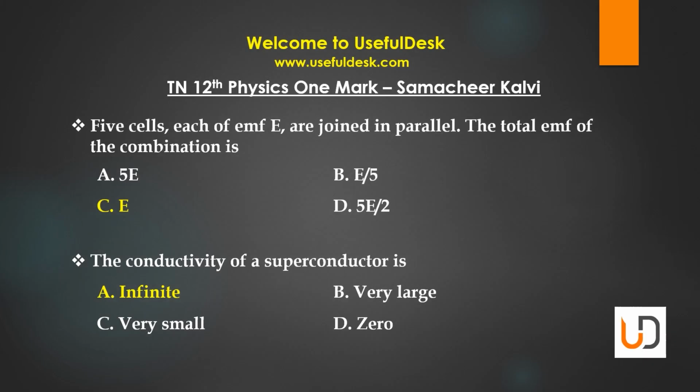The next question is, 5 cells, each of EMF E, are joined in parallel. The total EMF of the combination is. The options are 5E, E by 5, E, 5E by 2.